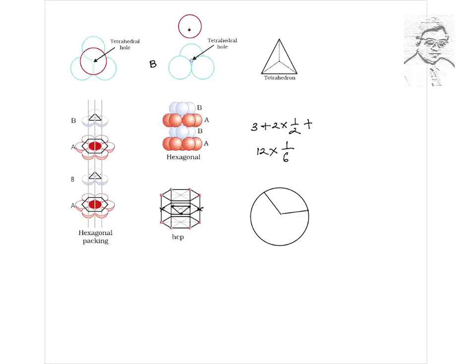Once this ball is placed, you will have something like this. Let me try to show it. What we call the height of the tetrahedron. The height of the tetrahedron is this.